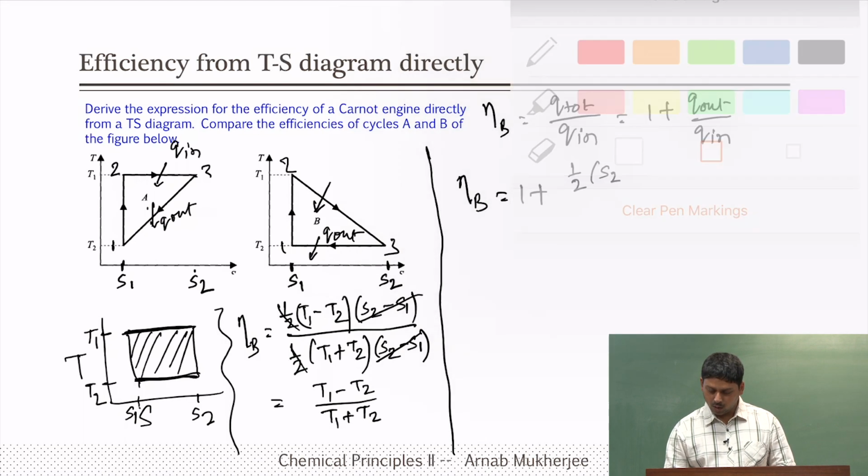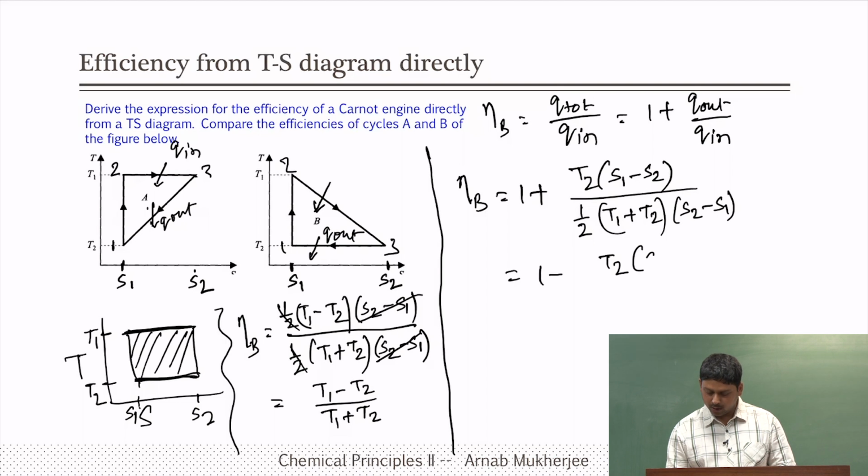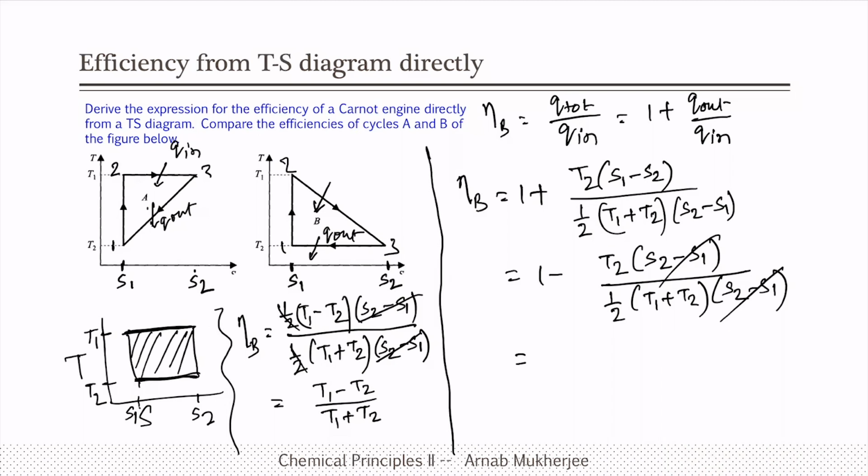Not half, Q out we just got, that it is T 2 S 1 minus S 2, and Q in we got as half T 1 plus T 2 S 2 minus S 1. So, we take a minus, and we get T 2 S 2 minus S 1 by half T 1 plus T 2 S 2 minus S 1, giving us 1 minus 2 T 2 by T 1 plus T 2.